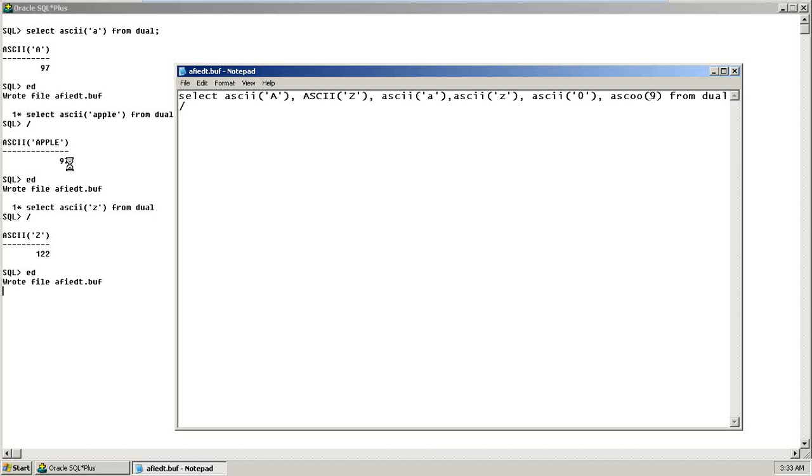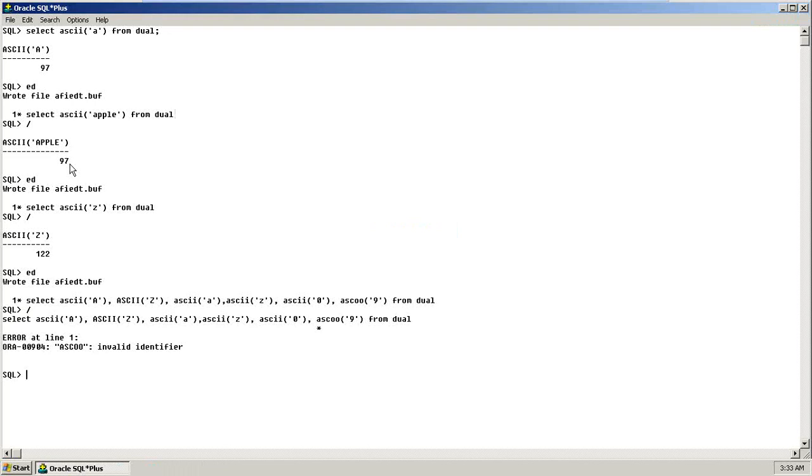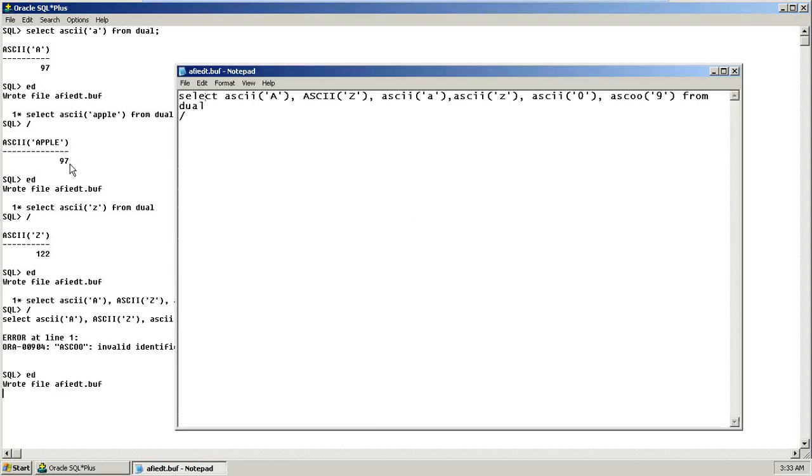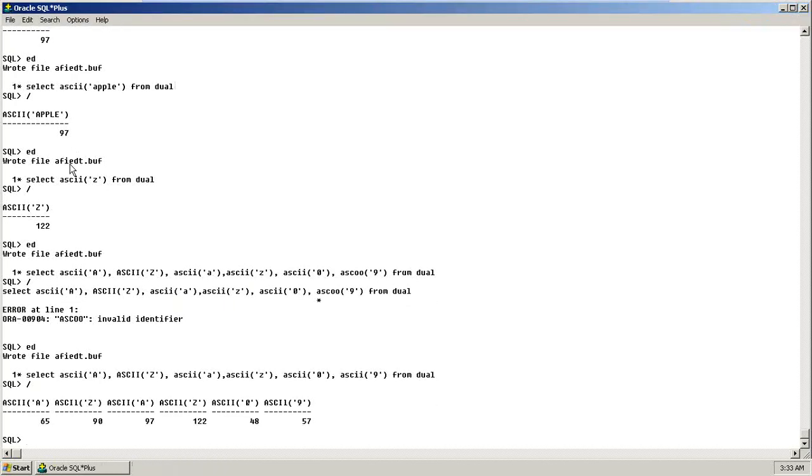Even for every special character also, you'll get the ASCII number. Right? 0 begins at 48, 9 is 57. So capital letters begin at 65, end at 90. Small letters begin at 97, end at 122.